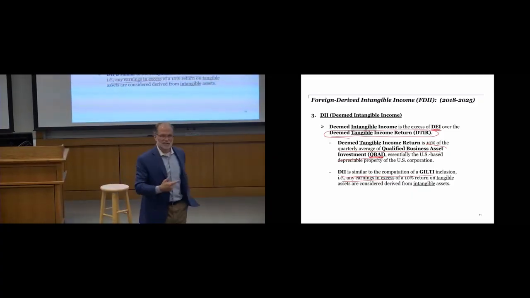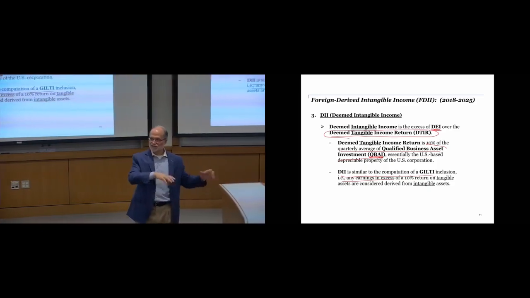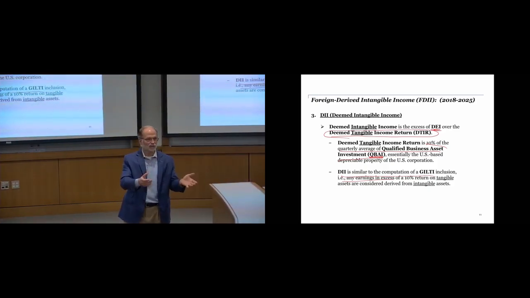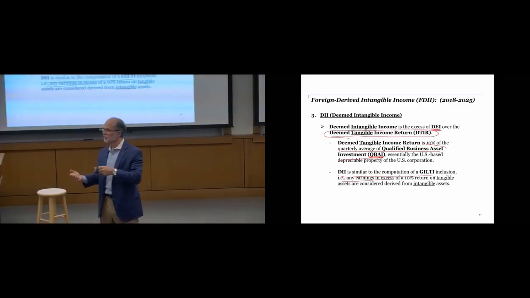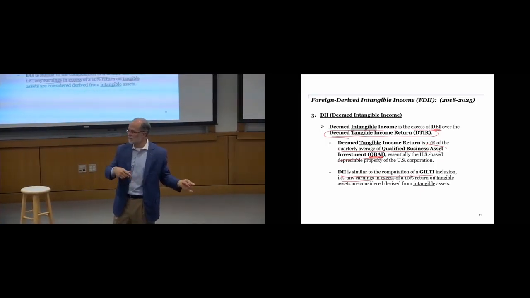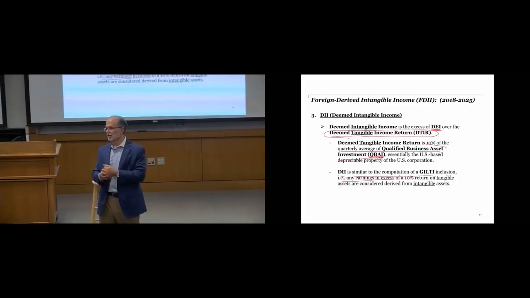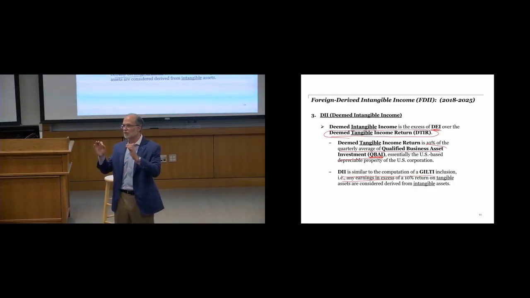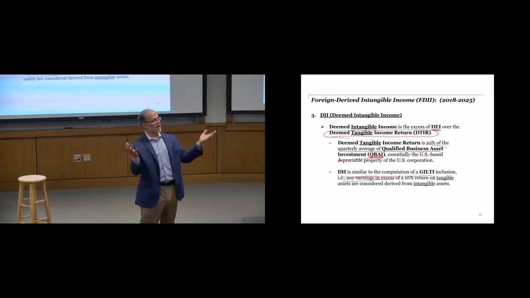So, just like the One Big Beautiful Bill changed that oddity in the GILTI regime by taking out the 10% tangible asset return, you'll find when we get to the new version of this regime, we pulled out the 10% deemed tangible asset return. Meaning the base is higher. We're going to let all the income.